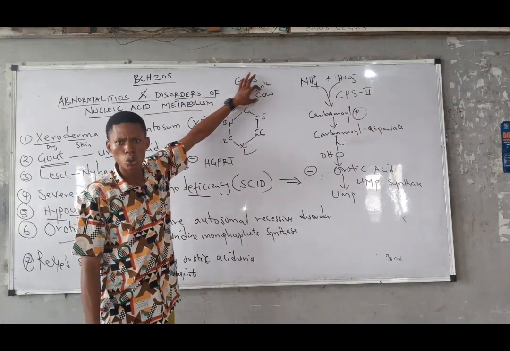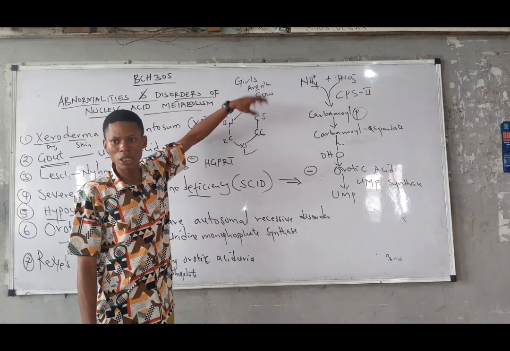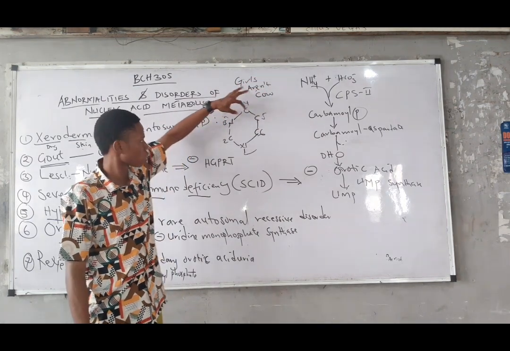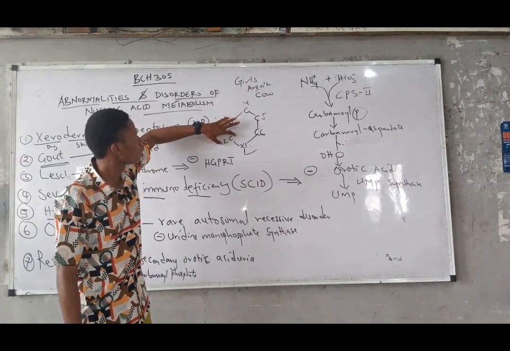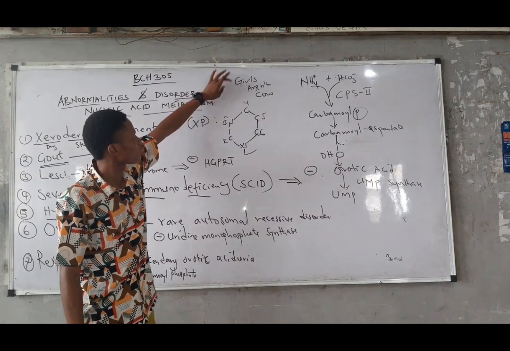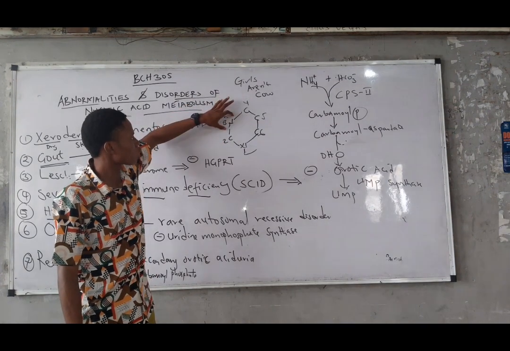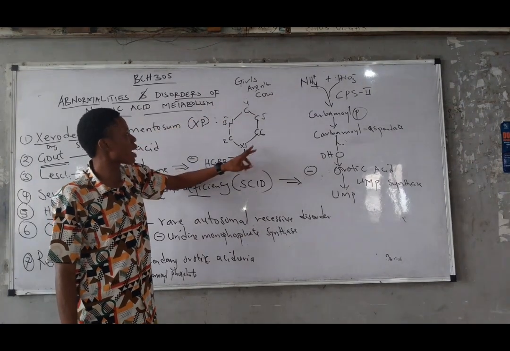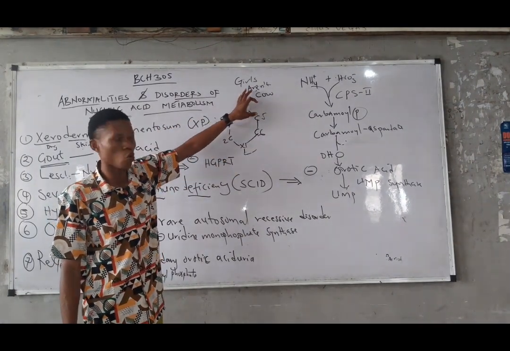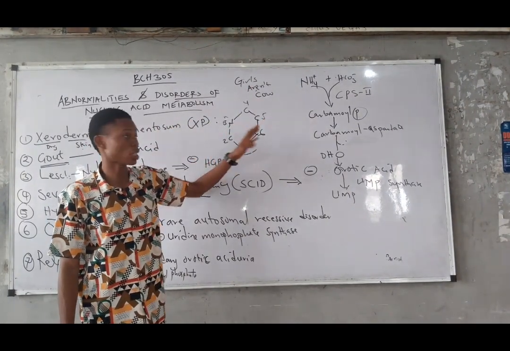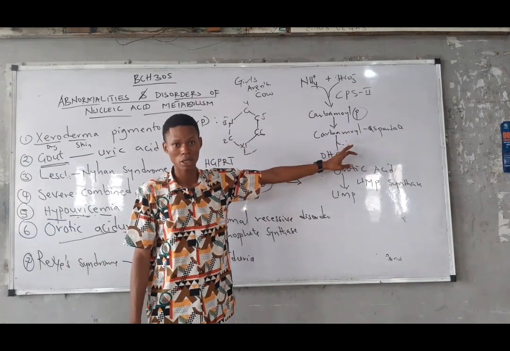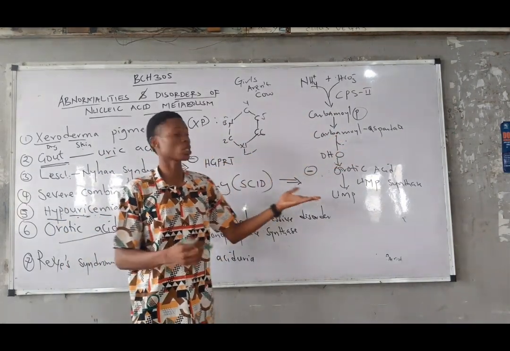CO2 for pyrimidine, carbon 2. Glutamine was producing what? Nitrogen 3, right? And nitrogen 1, carbon 6, carbon 5, and carbon 4 was what? Aspartate. So aspartate was not leaving as fumarate. Take note of that. So it was still there.